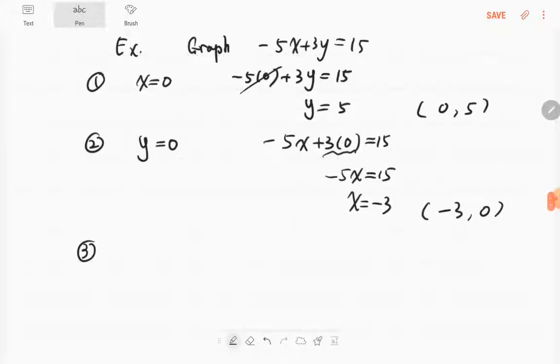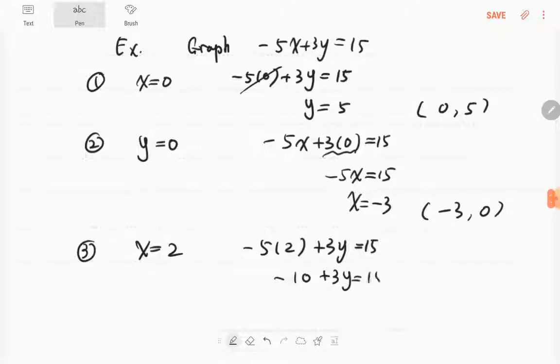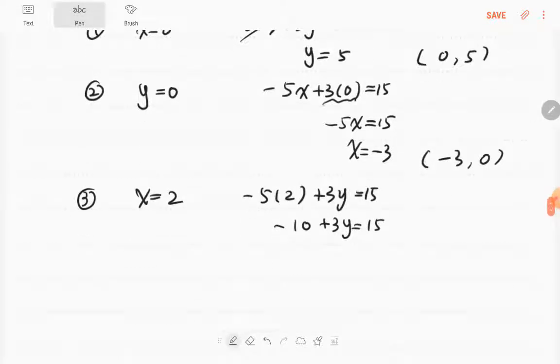This time maybe we try x equal to 1, or 2. Let's say x equal to 2. If x equals 2, then we use 2 to replace x in the equation, then solve for y. We have negative 10 plus 3y equals 15, so 3y equals 25.